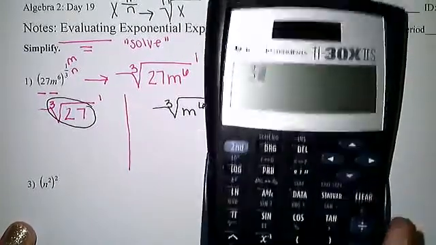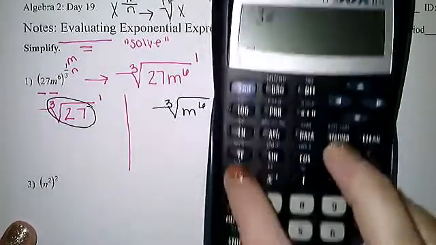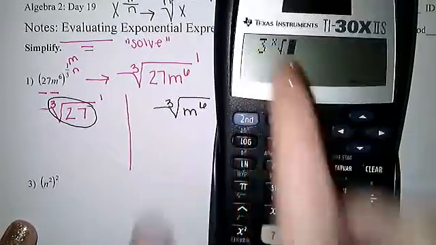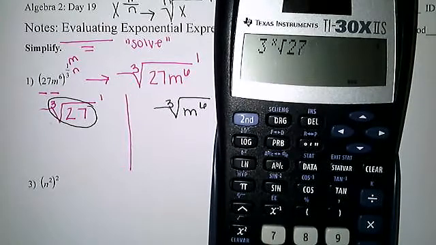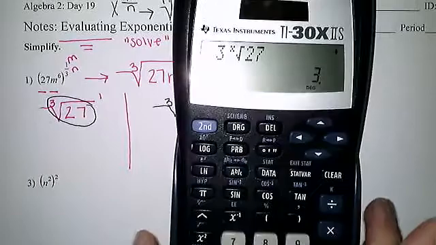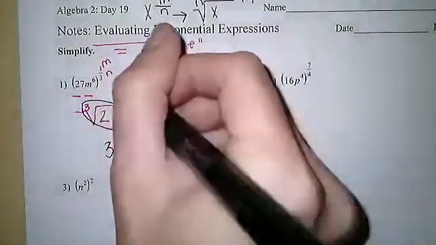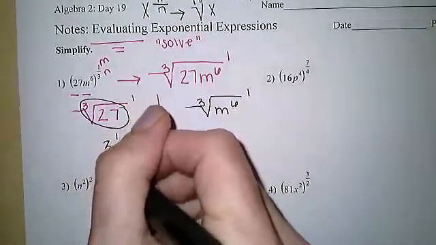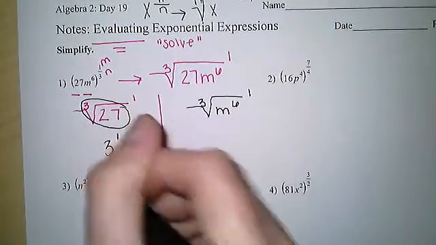We're going to hit the 3 first, and then we're going to hit the second, and then this little button that looks like a roof of a house. And that's telling the calculator to put the 3 in for x. So we're going to find the cube root of 27, and that gets us 3. And since it's 3 to the first power, that just means our answer for our number part is 3.